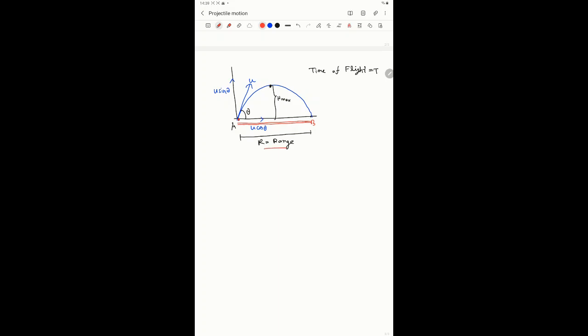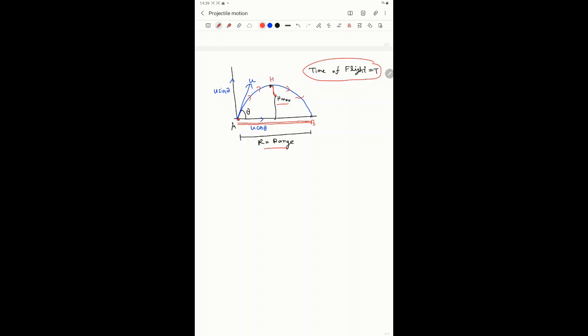What is the maximum height it can achieve from the ground, that is H max. And what is the time of flight, meaning how much time the particle takes to go from A to B along this path. Okay, so let's say this point is H.